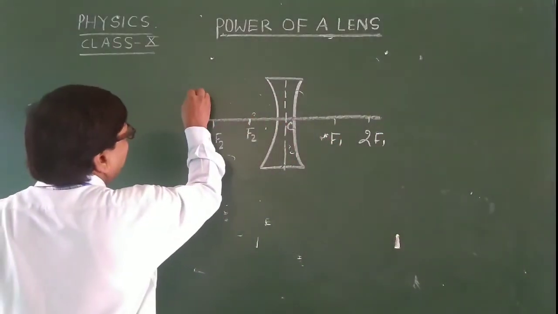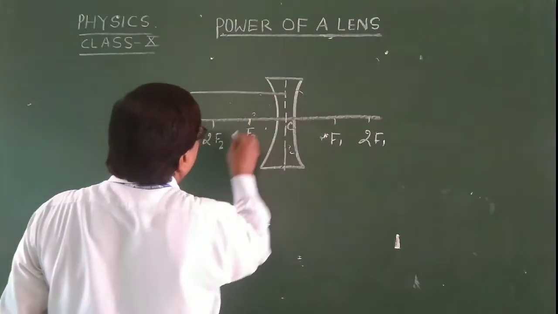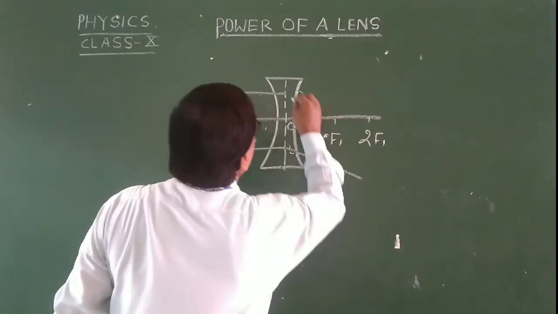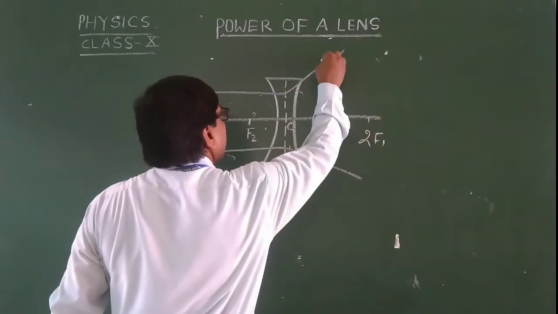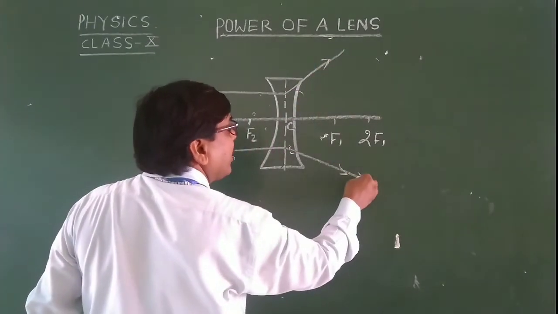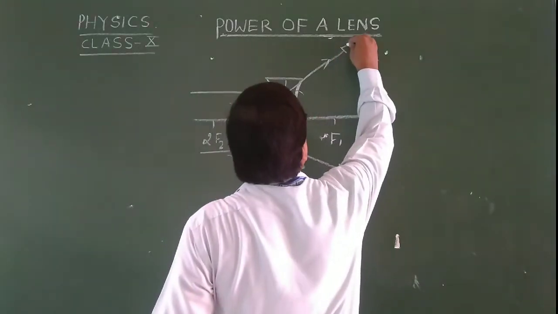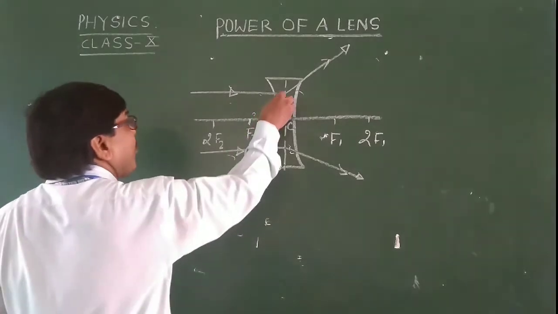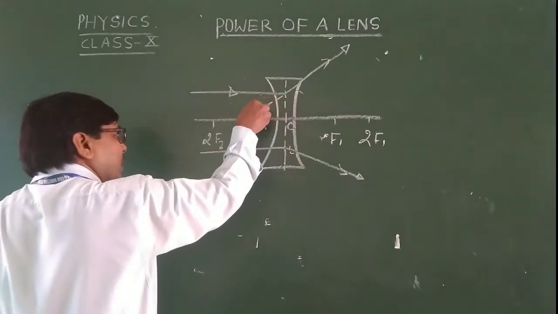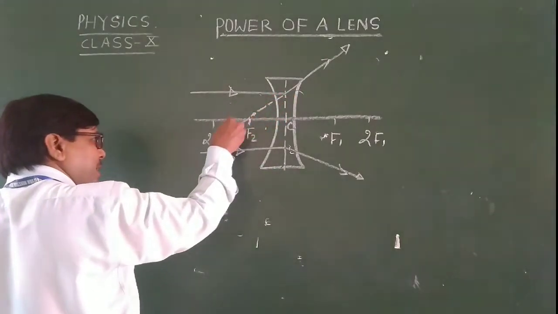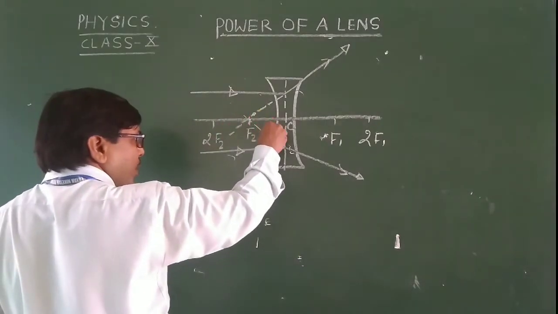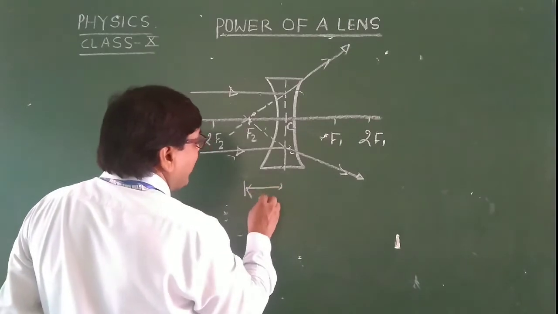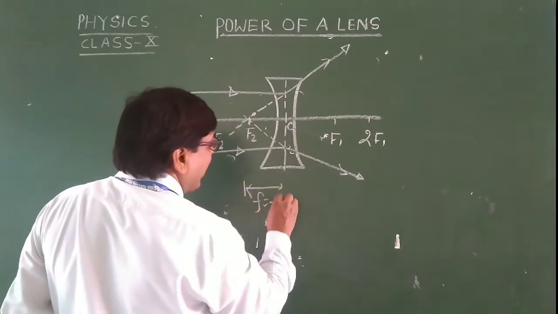Now all parallel rays of light after refraction diverge. It appears to move backside. So the focal length is negative.